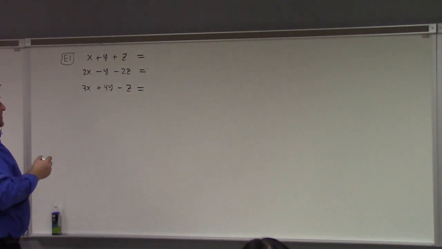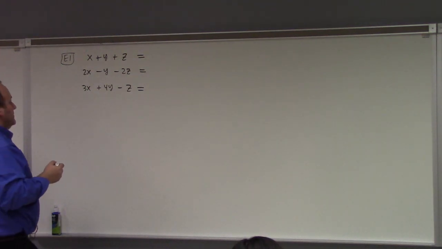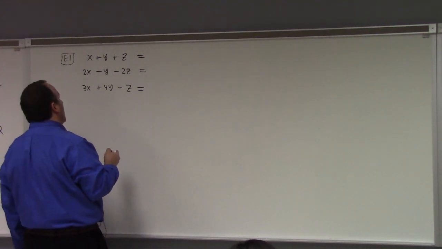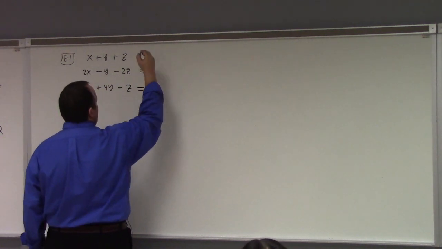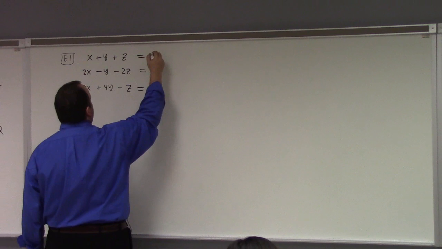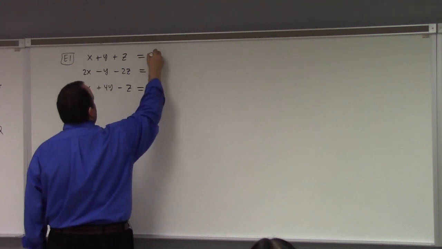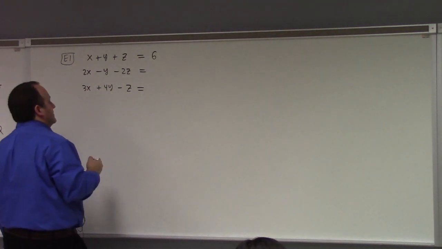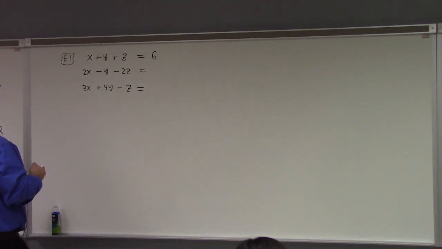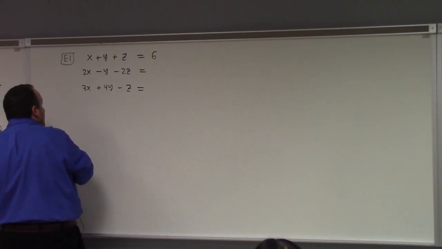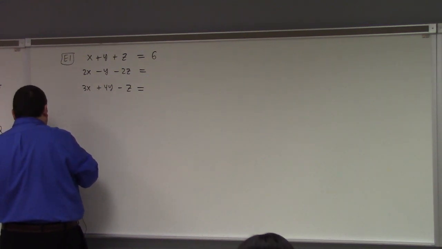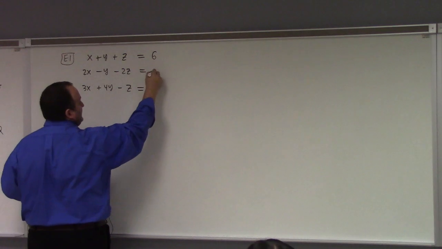Now the question is, what should the something be? Let me think about this for a second. We'll see if it goes better this time. Last time it didn't quite go right. I had to revamp this 10 minutes later. That was no good. Let's do it right this time. 6. Don't look at me. See here, 2. Minus 6. All right.